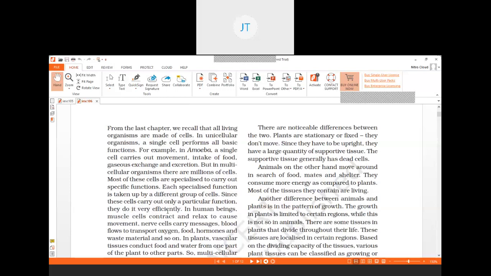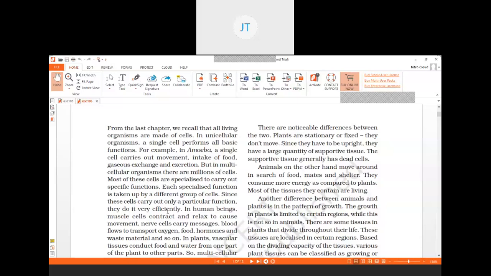For example, in our body taking in oxygen and taking in food is done at one part, the lungs and the digestive system. And what we take in, oxygen or food, must be distributed to all parts of the body.